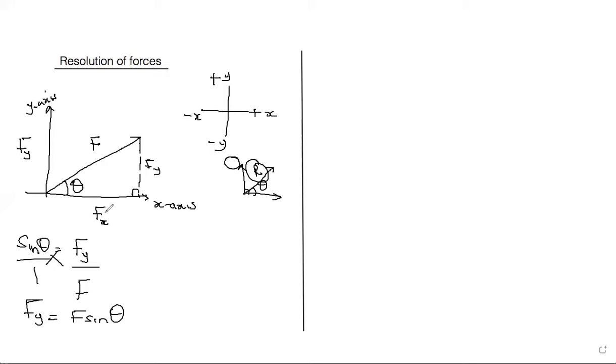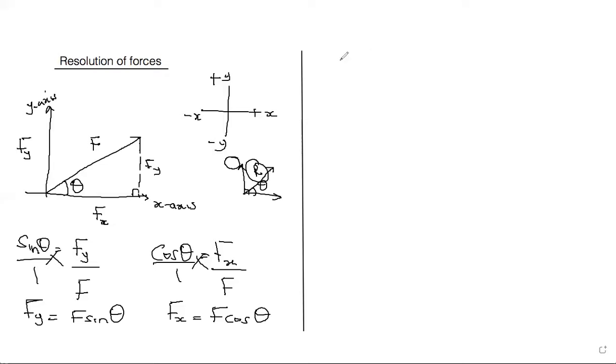If I consider the same triangle, cosine of that angle theta will be adjacent Fx over hypotenuse F. Cross multiplying, Fx will be F cos theta.